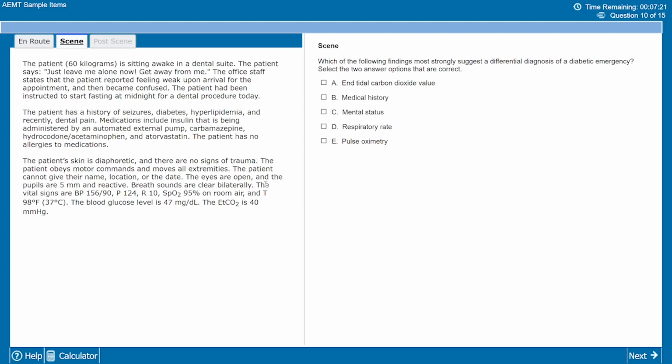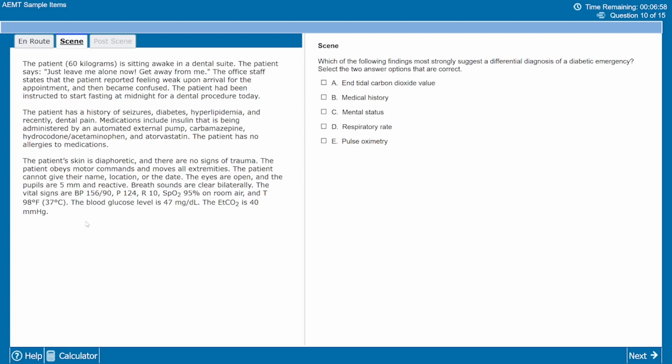The eyes are open and the pupils are 5 millimeter and reactive. Now, if you're reading this, you need to know just right off the bat, just Google really quick pupil sizes. What are too small? What are too big? If you see 5 millimeters, what does that mean to you? Do you know what that means?